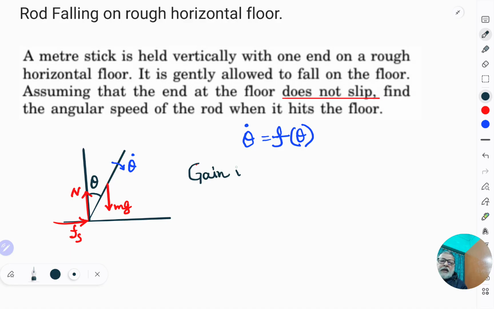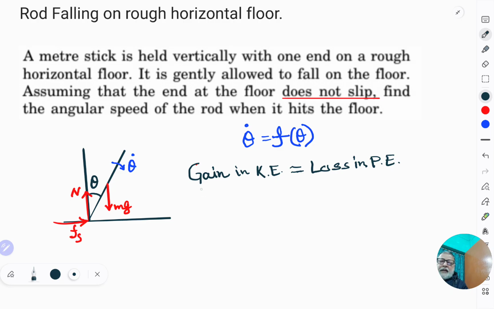I write it as gain in PE is equal to loss in KE. I'm sorry. It should be gain in KE is equal to loss in potential energy.